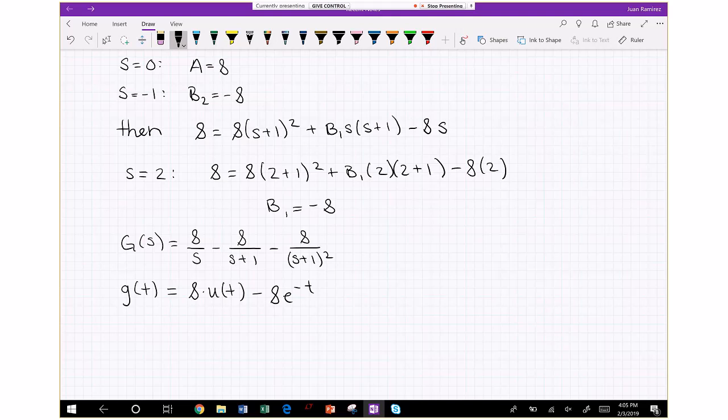And then finally, the third one is a slightly different one that we haven't done in these examples. Again, you're going to keep your minus 8. When you have an s-domain function in the form 1 over s plus a squared, you'll end up with t times e to the negative at. So t, e to the negative, and then a is 1, so negative t, like that.